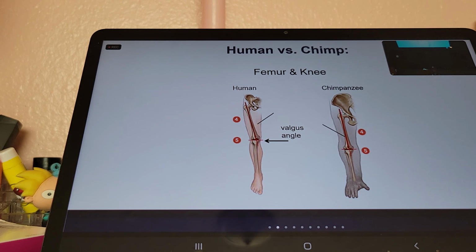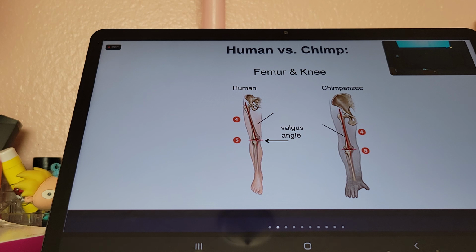Because they're trying to keep their center of gravity up, when in reality their center of gravity is more forward, right? And it drops straight down, so when they walk, it's a very awkward bipedal gait, like this. Whereas you and I, because our center of gravity is underneath our pelvis, and the fact that our femora angle medially to the knee, you have perfect center of gravity for bipedal locomotion.